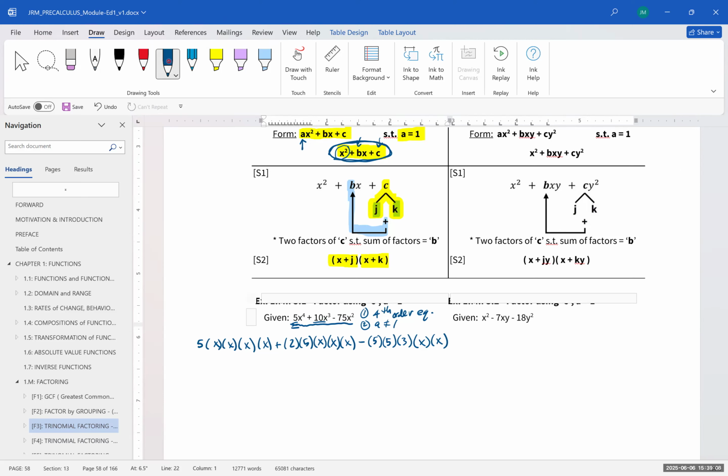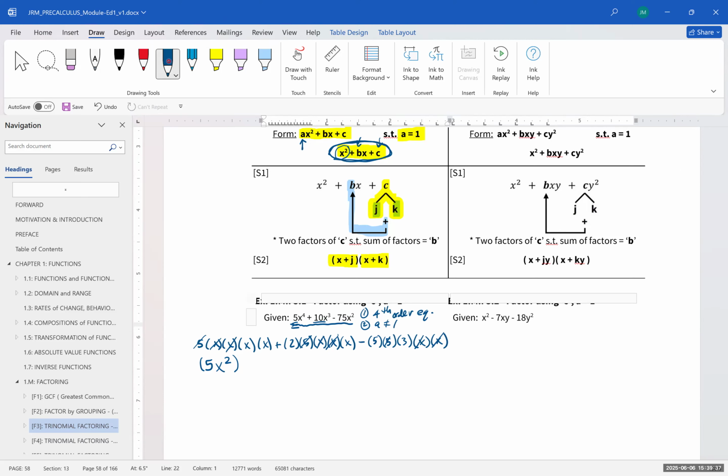All right. So what would be the greatest common factor that we've got? Well, each one of these terms has a 5 in it. Each of these terms has a single x in it. And each of these terms also has a second x in it.